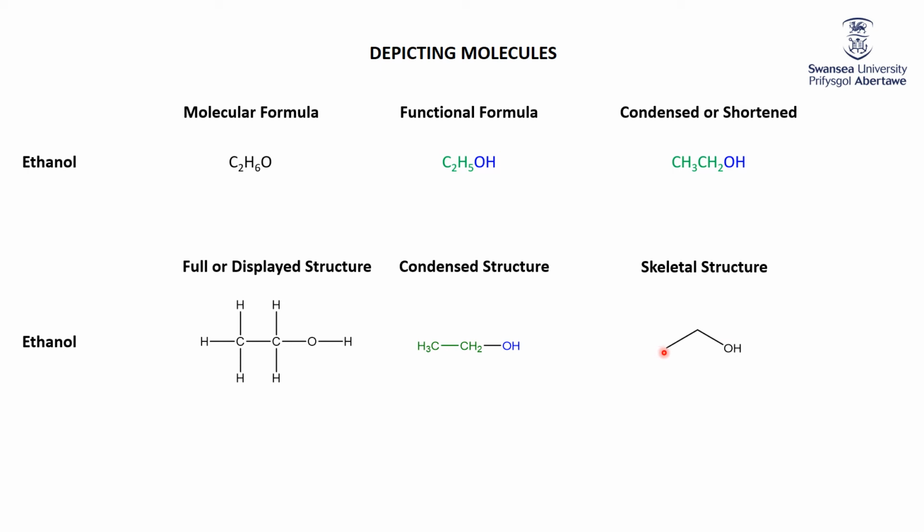So we know we've got a carbon atom here, we've got a carbon atom there. And if you're one of those funny people who likes to count hydrogens, you know carbon always has 4 bonds. This carbon here, we've got 1 bond from it, which means there must be 3 hydrogens. This carbon here, there are 2 bonds on it already, which means it must have 2 hydrogens. So we've gone from this extremely informative but a lot of times just too much detail, all the way down to this little skeletal structure.